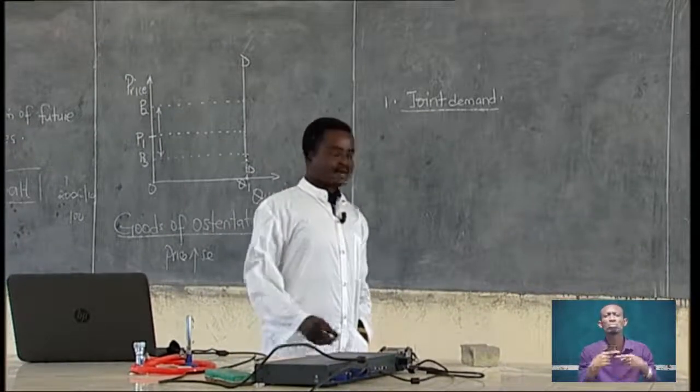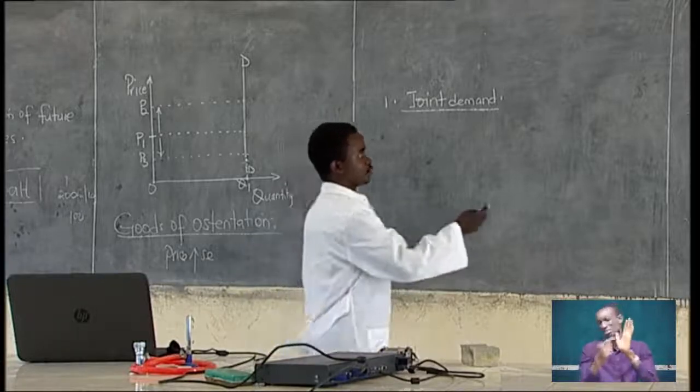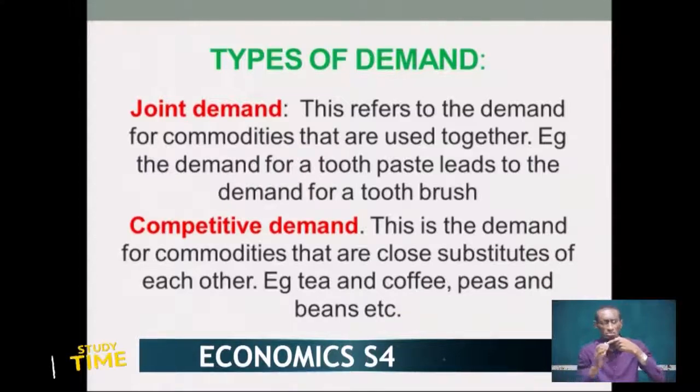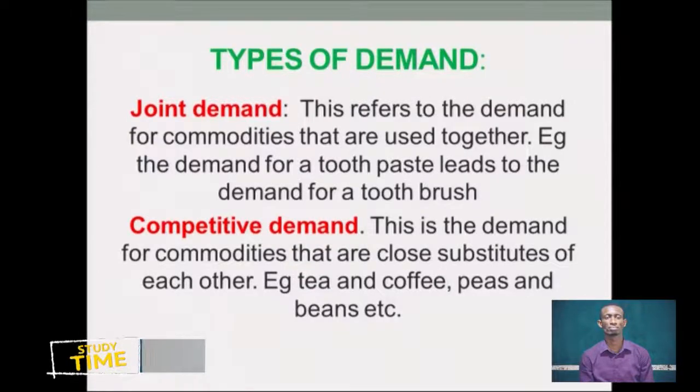For example, you can give me examples of goods that are used together. We can have, if you talk about maybe the toothpaste and the toothbrush. You can talk about a phone and a charger.